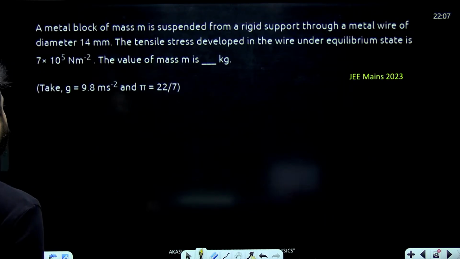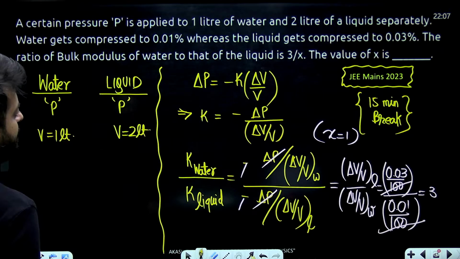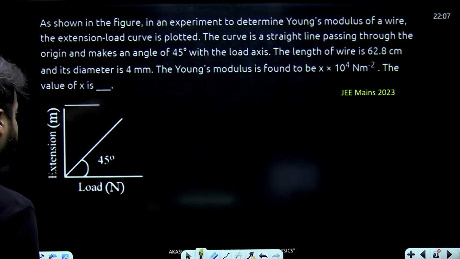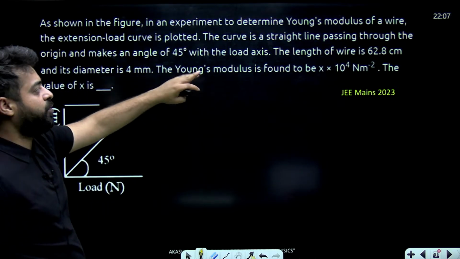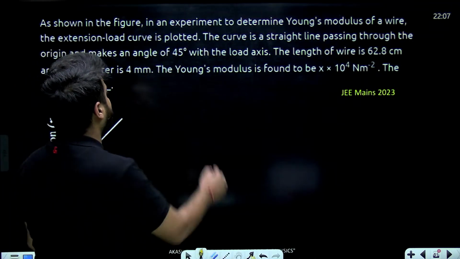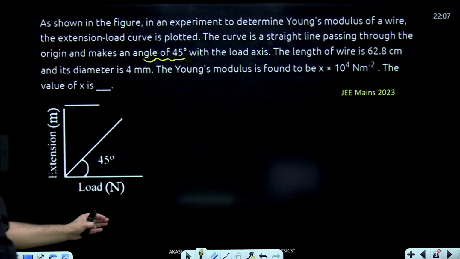Any other problem? I need a graphical problem. Apart from that, you can solve any problem. This is a graphical one. As shown in the figure below, in an experiment to determine Young modulus of the wire, the extension load curve is plotted. The curve is a straight line passing through the origin and makes an angle of 45 degree. The slope of this angle is 45 degree for the extension and the load.